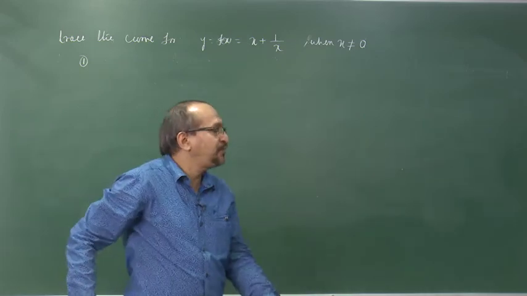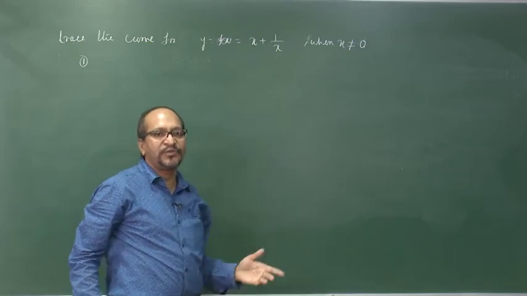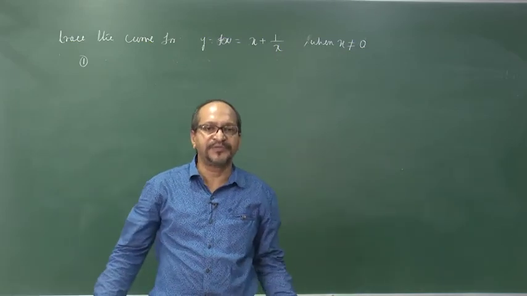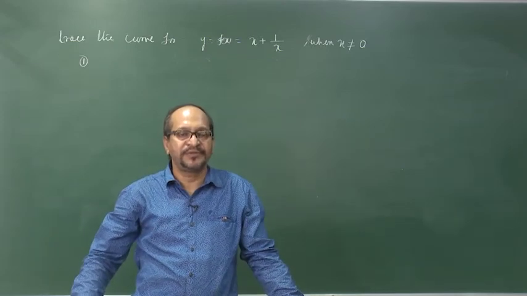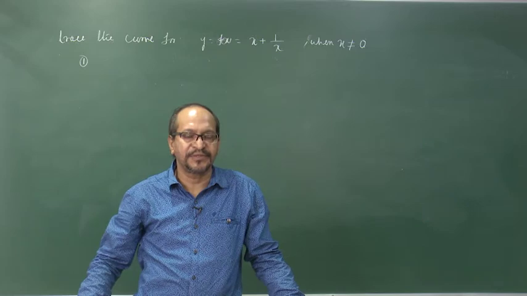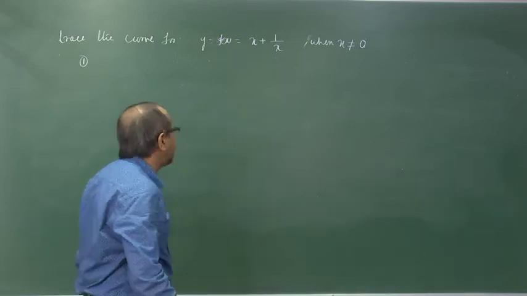And if you put y equal to 0, you do not get a solution for x. So, we do not have any x intercept or y intercept. So, first three things we have discussed: domain, range, then intercepts. Then we will go for differentiation.